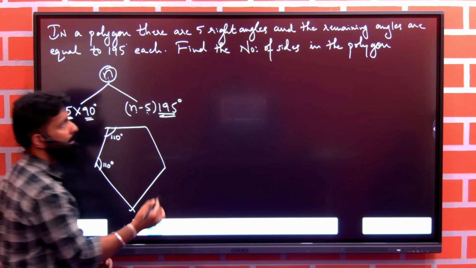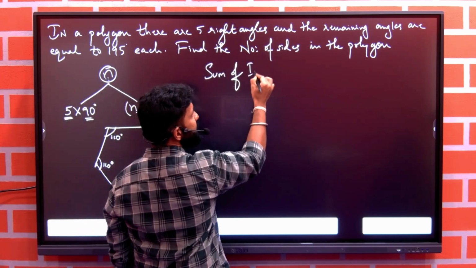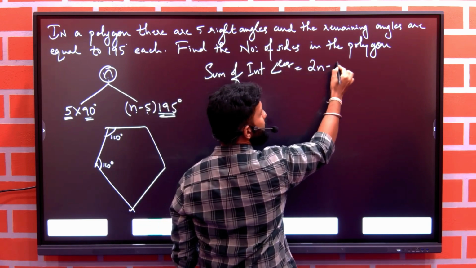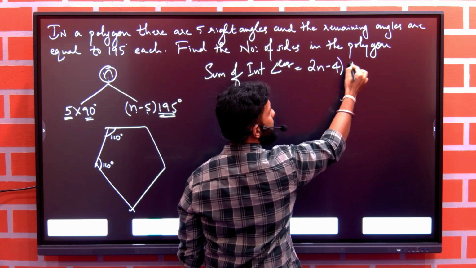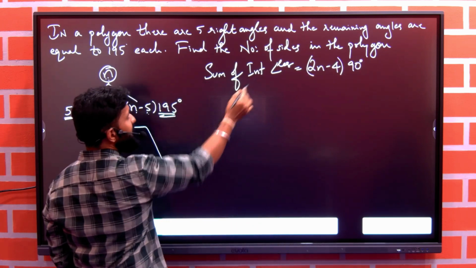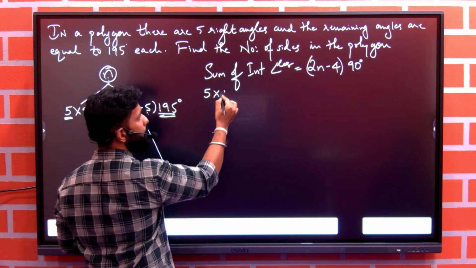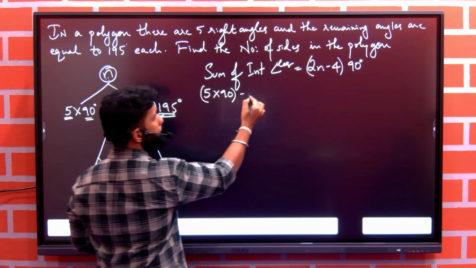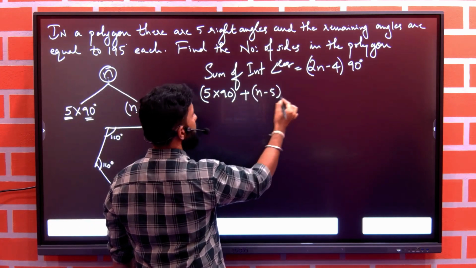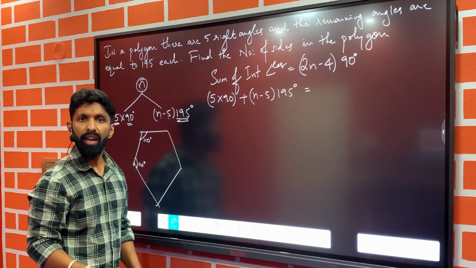Now we come back to our formula. The sum of interior angles is equal to (2n minus 4) into 90 degrees. Right? So the sum of interior angles by looking at this part is 5 into 90 plus (n minus 5) into 195. Yes, n is unknown.